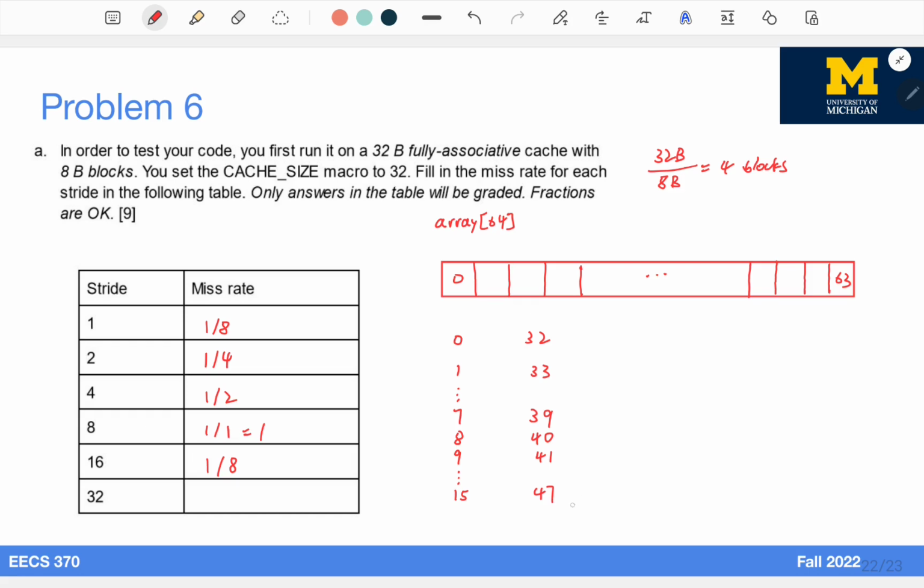And after that, we will have an access to 16, and come with an access to 48, and then 17 with access to 49.